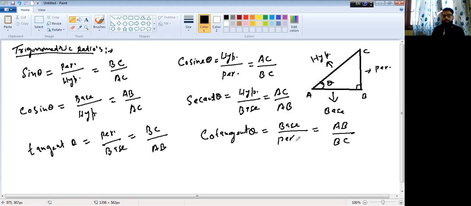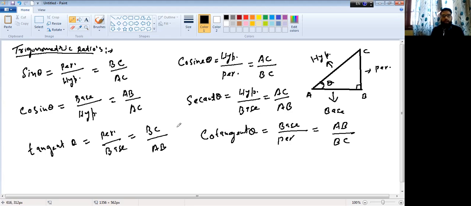Once again you are seeing that cotangent of theta is the reciprocal of tangent of theta. Tangent of theta is equal to BC divided by AB, so our cotangent of theta, which is the reciprocal of tan of theta, is AB divided by BC.